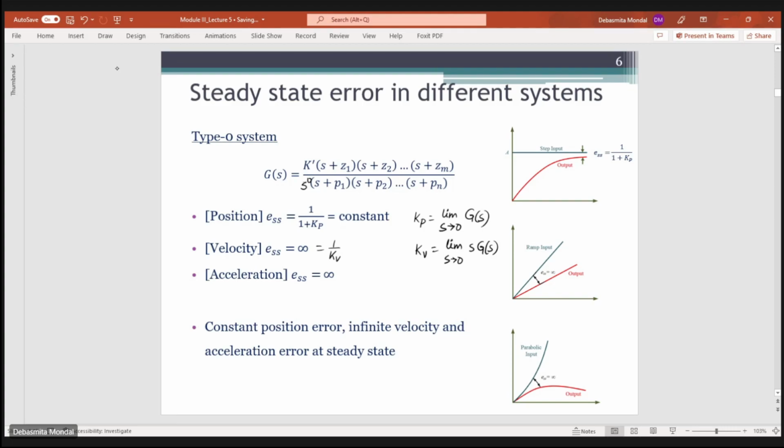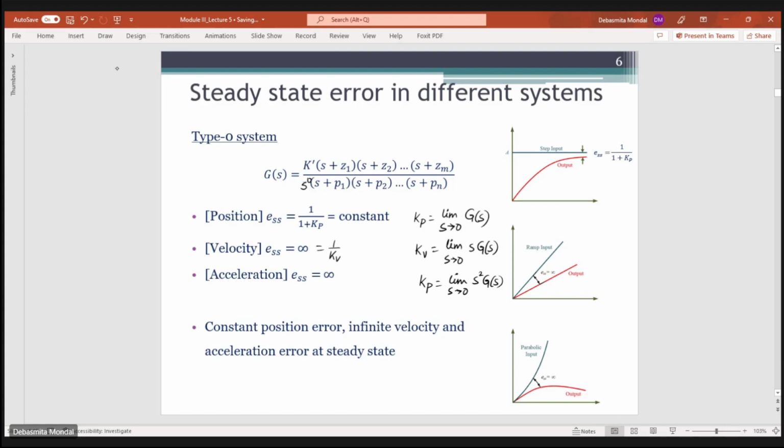Similarly, if you want to find out for the parabolic input, Ka will be equal to limit s tends to 0 of s square into G(s). For this type 0 system, this is also equal to 0.